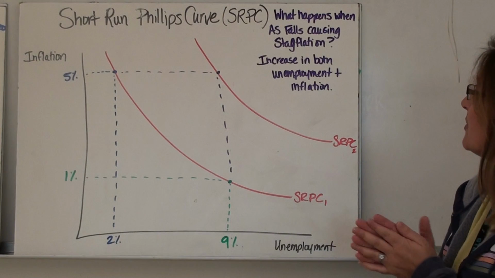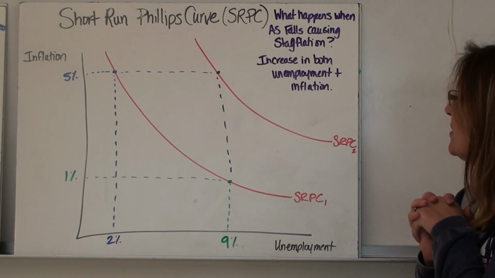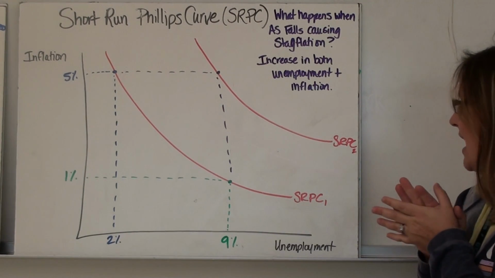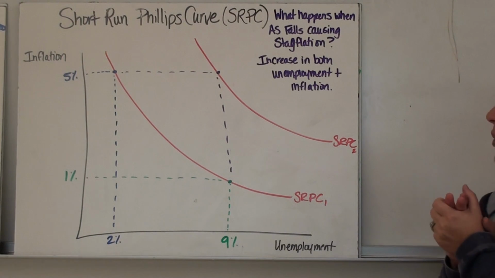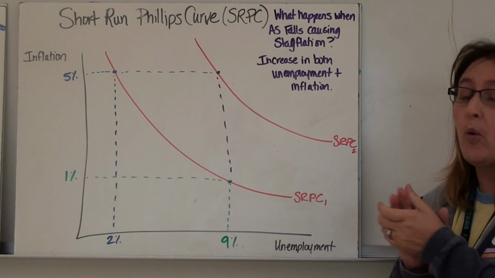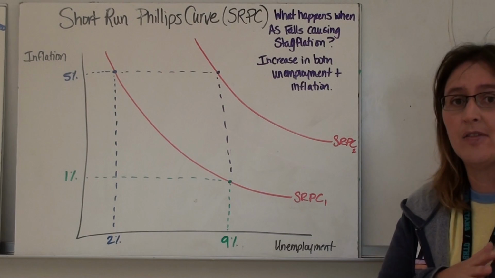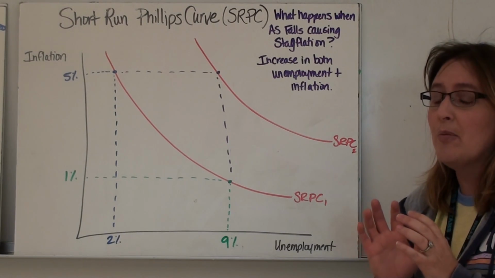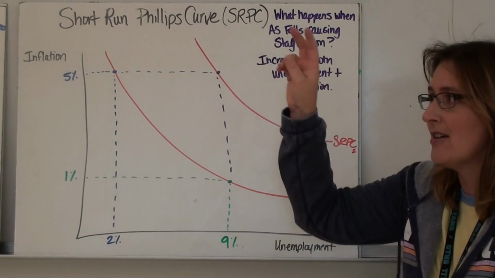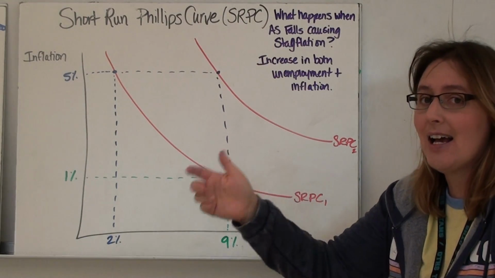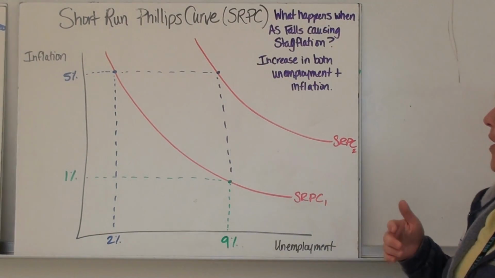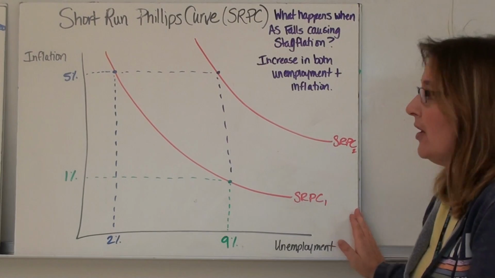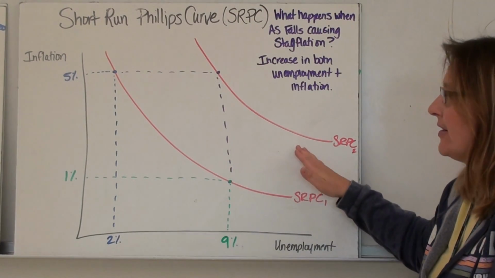All right, short-run Phillips curve. So let's look at what happens when AS causes stagflation. If oil prices go up and AS from our ADAS graph moves to the left, and that causes high prices and high unemployment, what would that look like on a short-run Phillips curve? You would have to move the entire line.